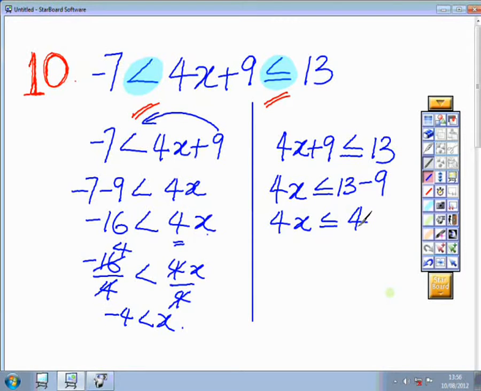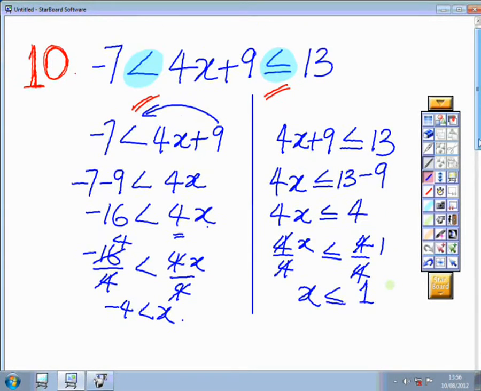Now again we divide both sides by this positive 4 to get 4x divided by 4 is less than or equal to 4 divided by 4. So these cancel out, these also cancel out to 1, so that we have our final statement to be x is less than or equal to 1.